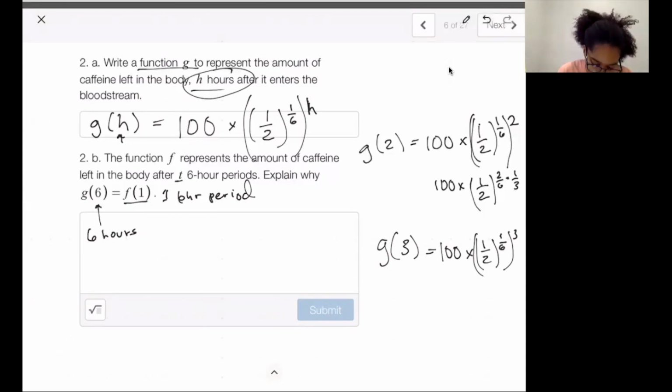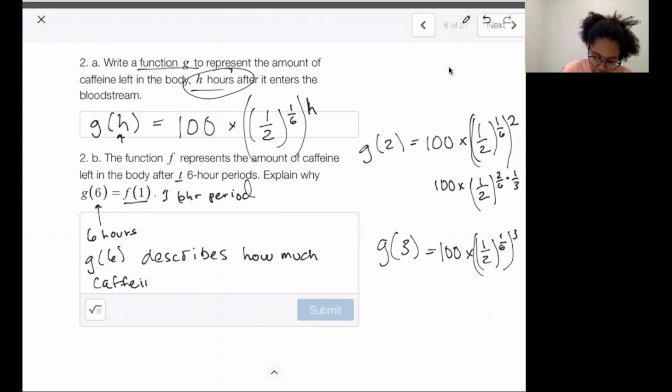So g of 6 describes how much caffeine is left after 6 hours.